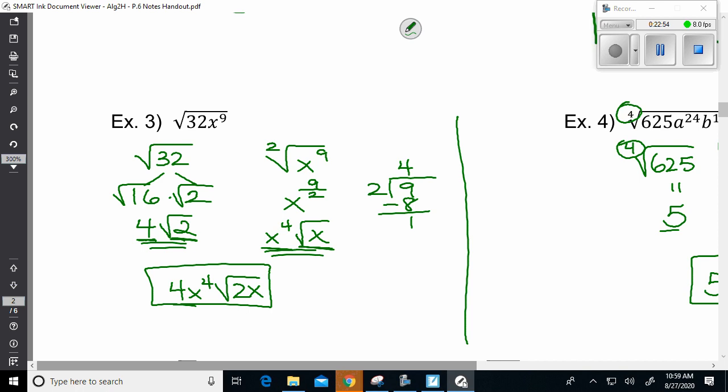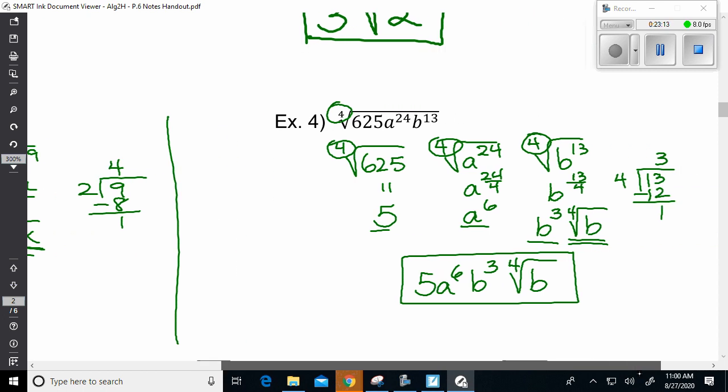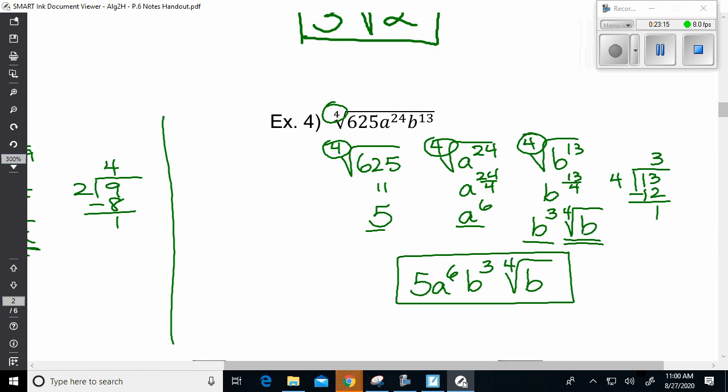So you can put the 2 if you want to, just know that square root is understood to have 2. So it's not going to get written. So you have to know that as an understood value. Any other questions? Example 4.